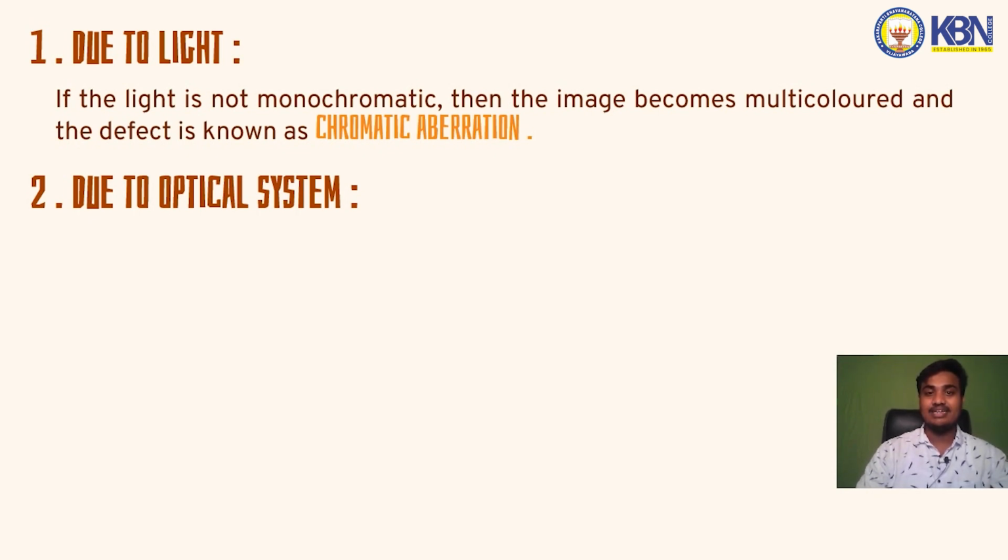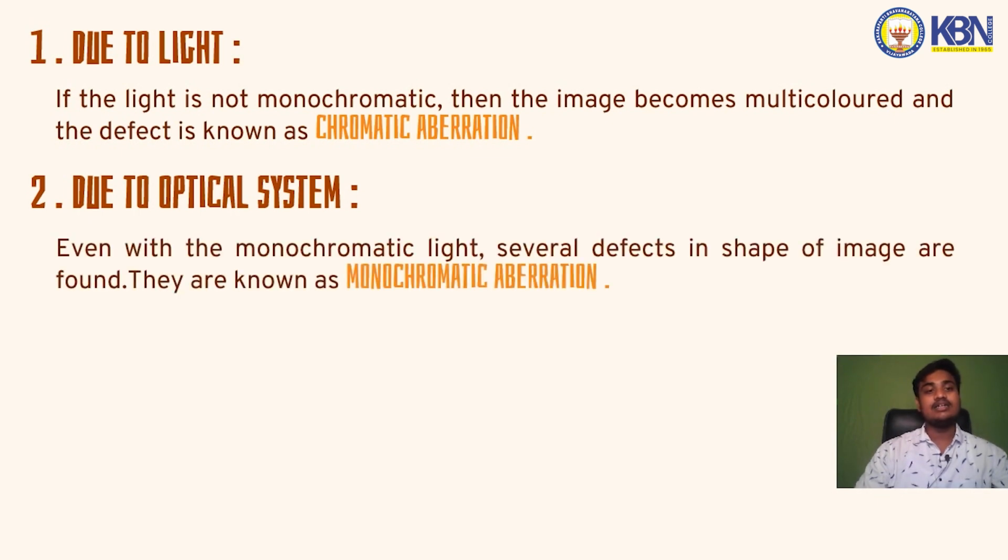Coming to the optical system, even if the light is monochromatic, which means it has a single wavelength and a single color, several defects in the shape of the images are found. These are known as spherical aberration and the others.